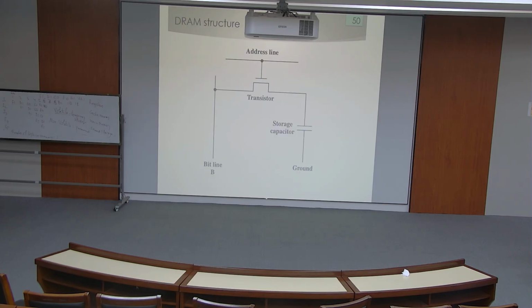Now we have DRAM structure. We have talked about two different types of RAM, random access memory: DRAM and SRAM. For DRAM, it includes the storage capacitor to store data as charge. That means it has to be refreshed periodically to retain the data.